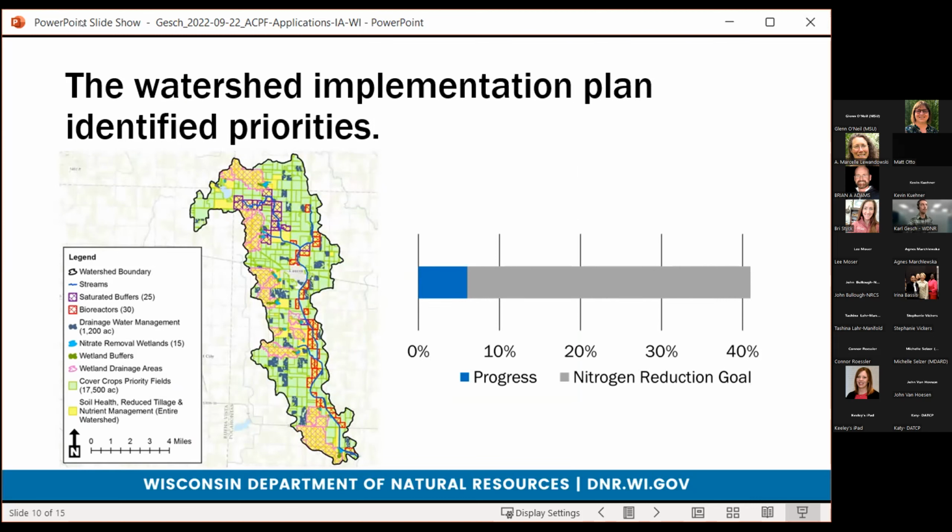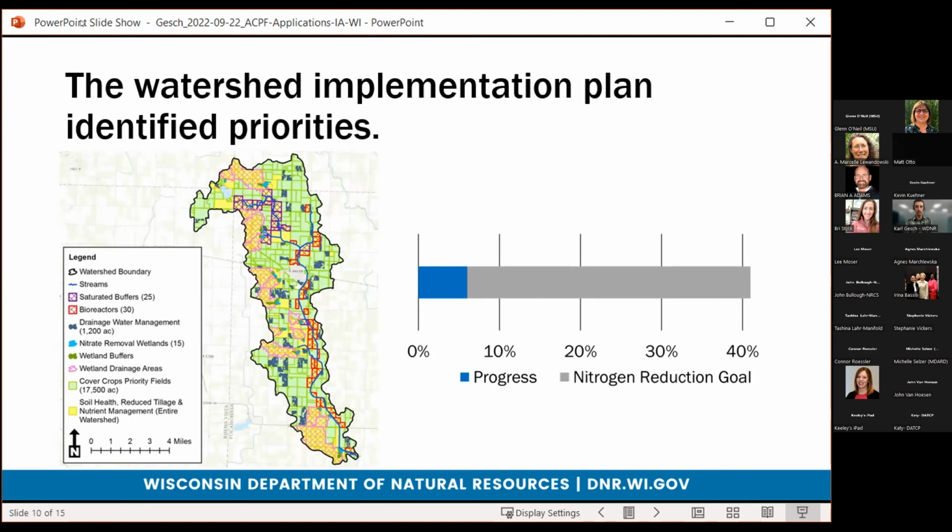That said, within the first couple years after this watershed plan was completed in late 2016, the local watershed coordinator took these results, did a lot of local outreach and sales of the conservation practices, if you will, and did some great work supporting installation of bioreactors and saturated buffers in particular.